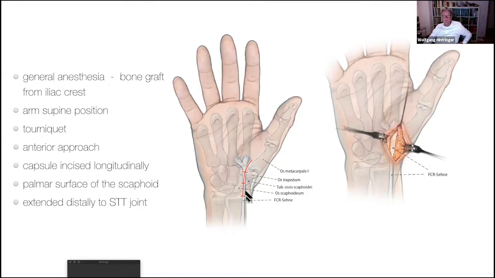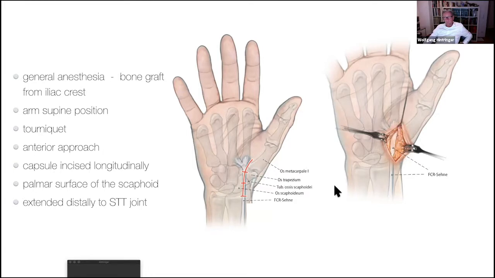And why is that so? Because you should not dissect the ligaments. I will show you that later on, because vascularity is coming from the ligaments from both sides, and so a single incision through the volar ligaments, which are coming here from the radius to the lunate and radius to the capitate, spares the vascularity of the ligaments.